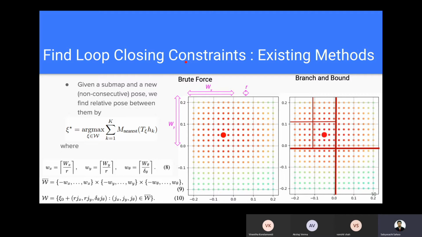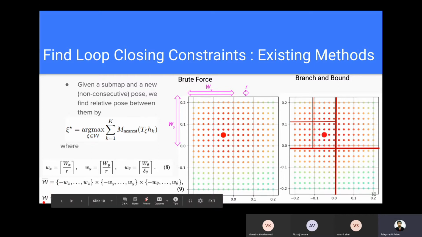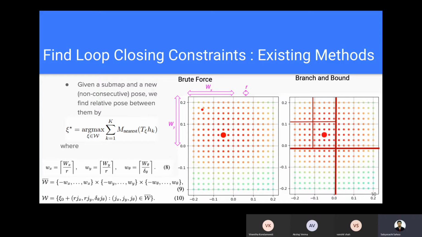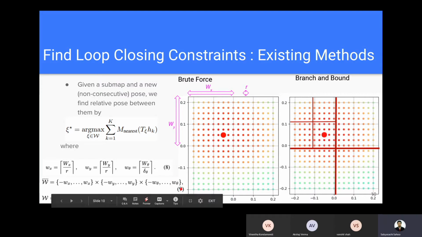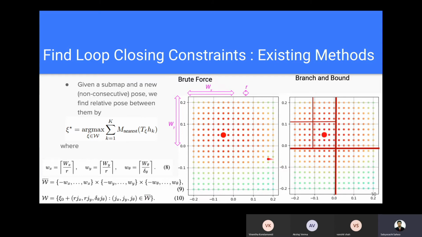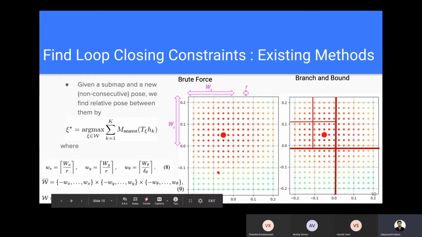And the simple W that we see here is essentially the pose estimate. So the search window varies from, let's say, minus 10 to 10, but your actual pose estimates will vary from maybe minus 2 meters to 2 meters in both dimensions. So that is what we will feed.